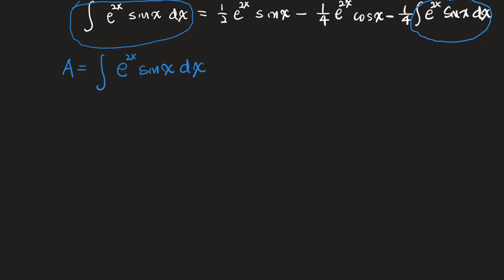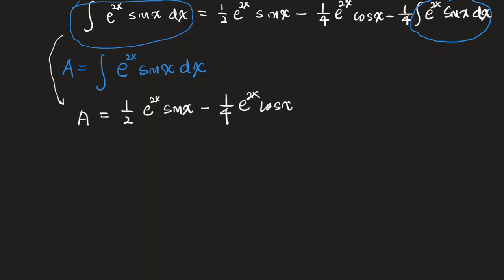Then the equation becomes: a equals 1/2 e to the 2x sine x minus 1/4 e to the 2x cosine x minus 1/4 a. So let's solve for a.